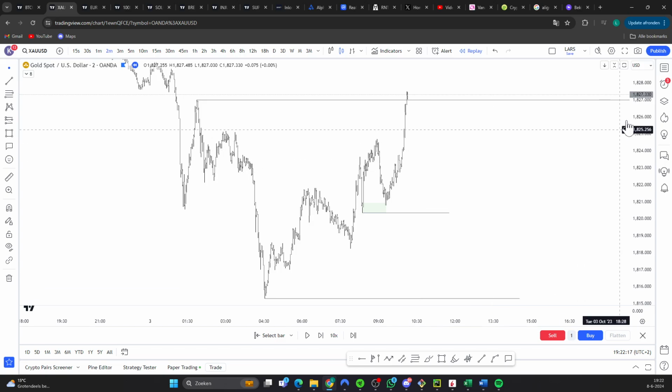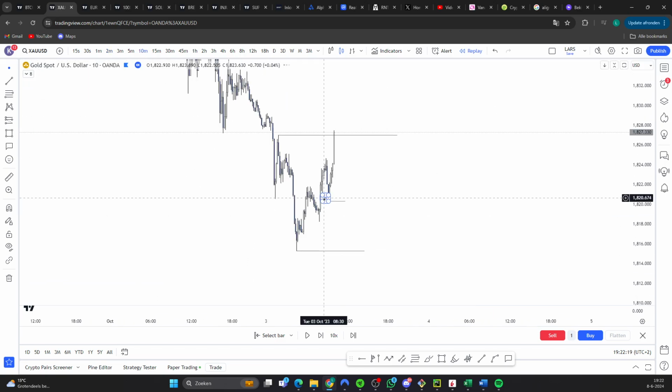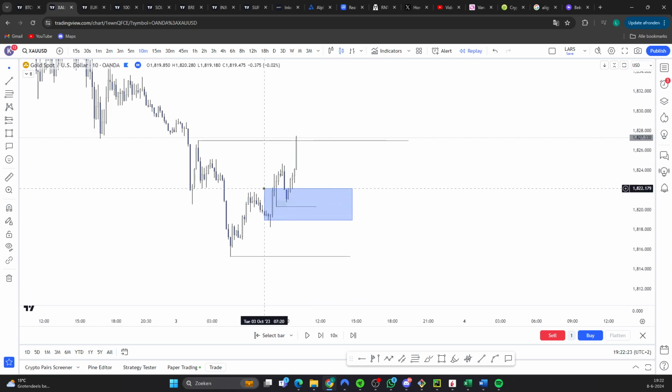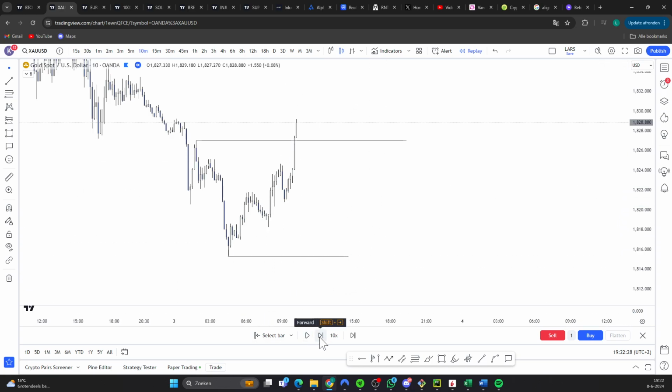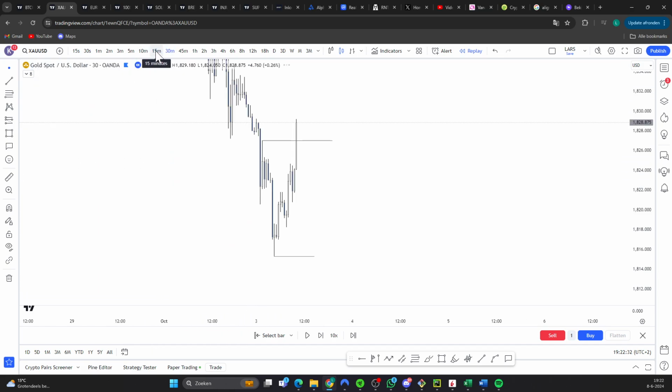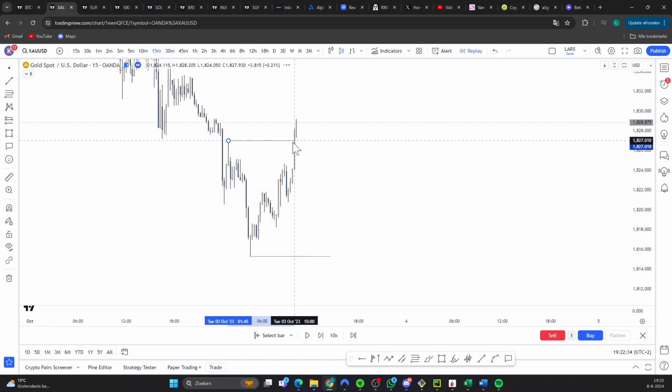London came down, higher low, higher high, pushed price up. Actually breaking structure.